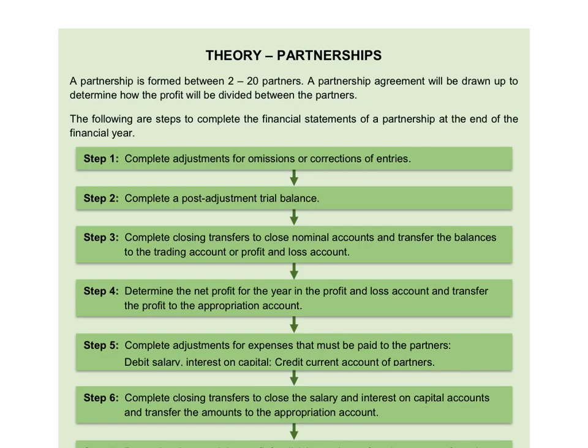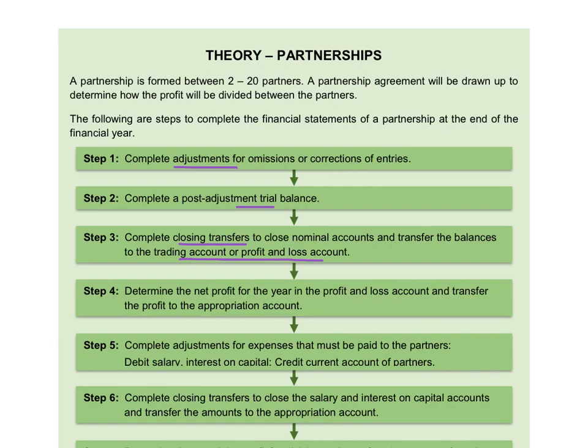So we will complete adjustments for any of the entries that was not completed or for corrections at the end of the year. Then we complete a post-adjustment trial balance. We complete closing transfers to close all the nominal accounts to the trading profit and loss account. And then we will determine the net profit.